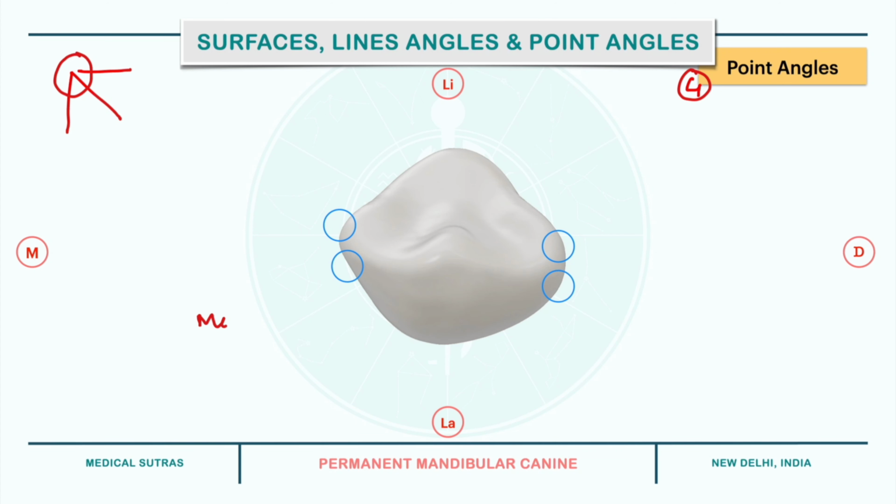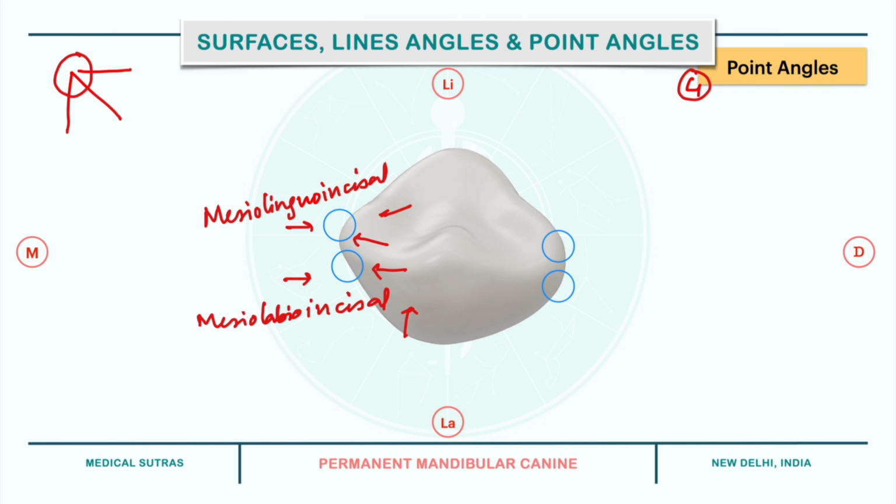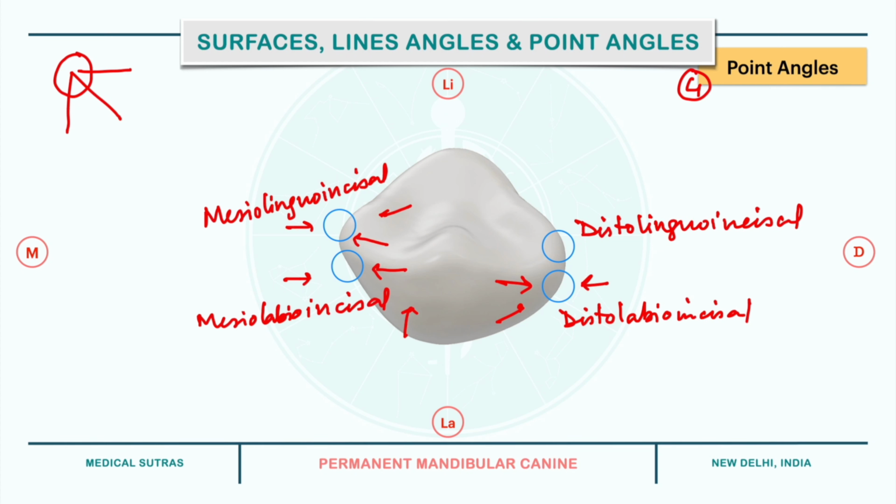These include the mesio-labio-incisal point angle formed by the mesial, labial and incisal surface, the mesio-linguo-incisal point angle formed by the mesial, lingual and incisal surface, the disto-labio-incisal point angle formed by the distal, labial and incisal surface, and the disto-linguo-incisal point angle formed by the distal, lingual and incisal surface.